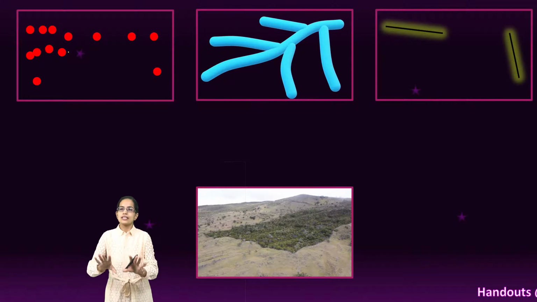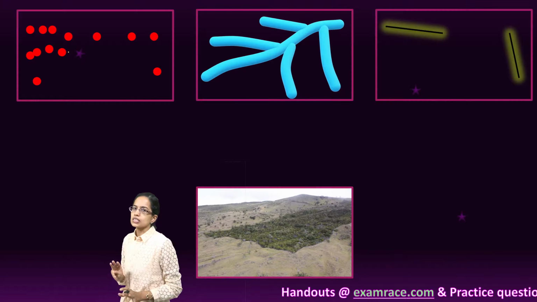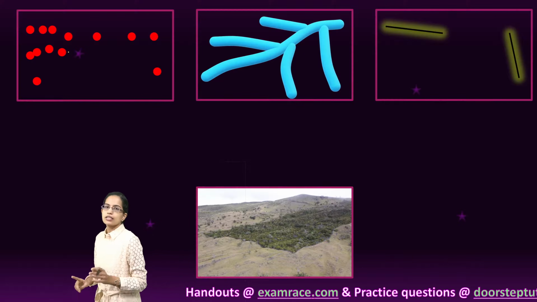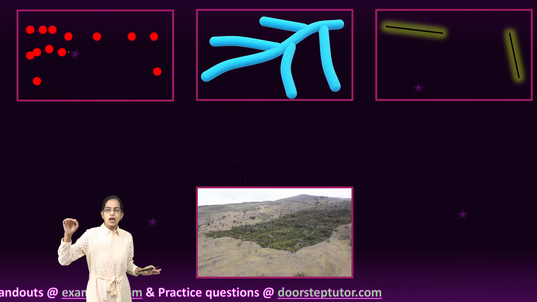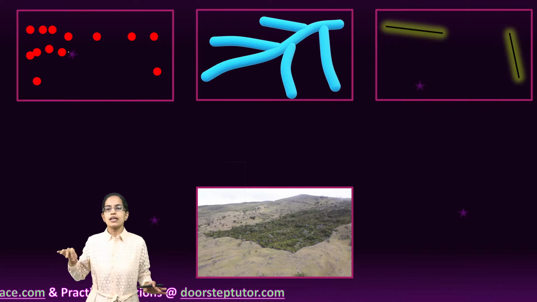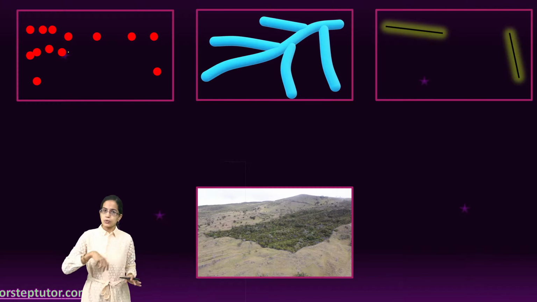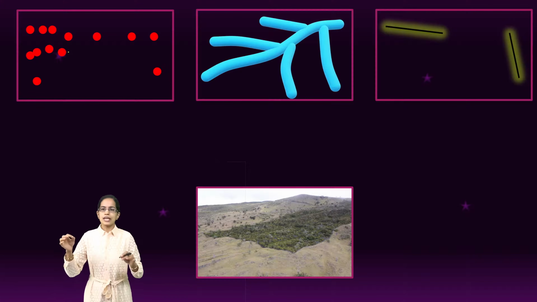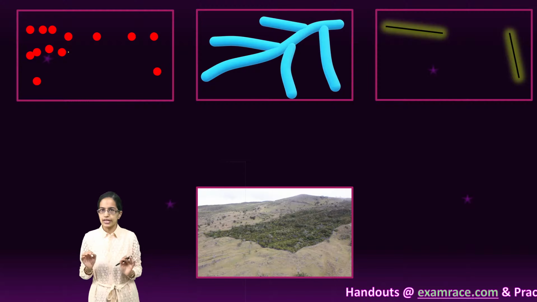Now I am putting this again in a very simple form. We usually identify features in 3 forms: point features, line features, and area features. Point features can be, let's say, post office locations, wells located in a village, or any individual shops or grocery stores that we identify in a location.